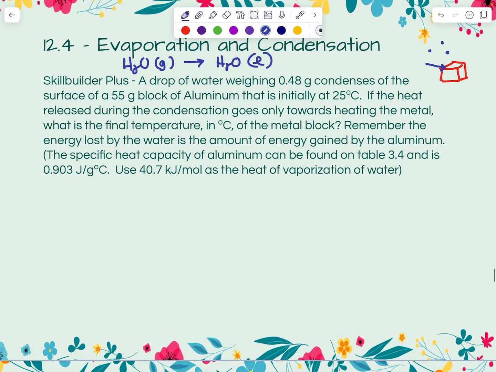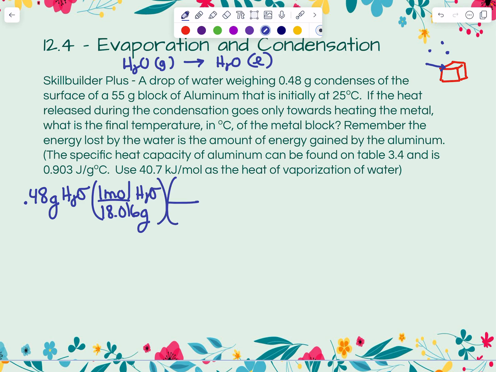So the first thing that I look at is, okay, how much energy is the water going to lose when it condenses? So I know I have 0.48 grams of water, and I know that 1 mole of water is 18.016 grams of water.